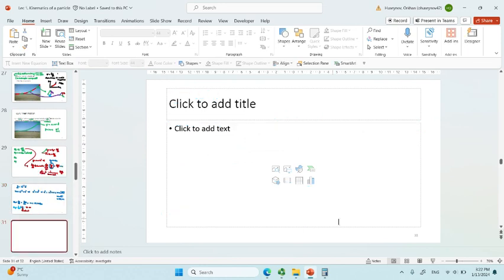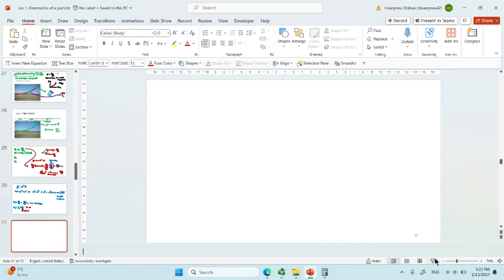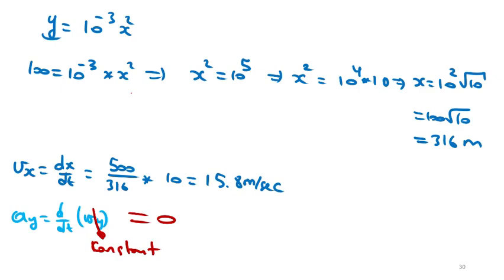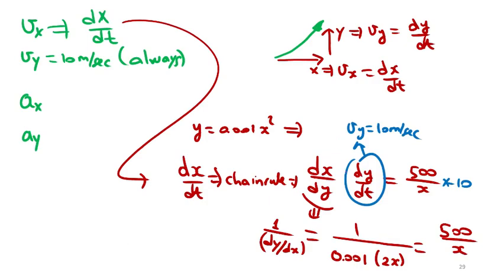To find the acceleration in x direction, ax will be equal to d by dt of vx. And I know that vx is, where is that vx, guys?